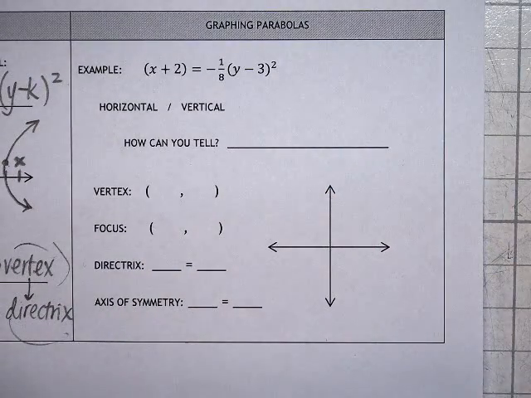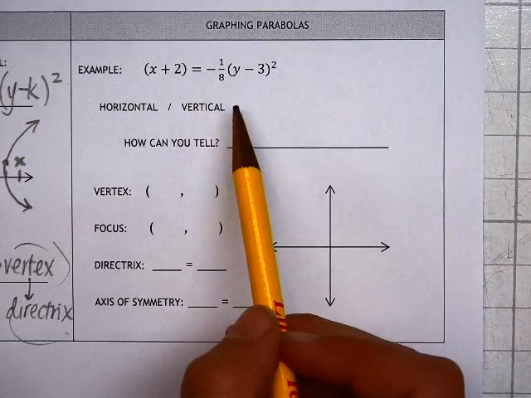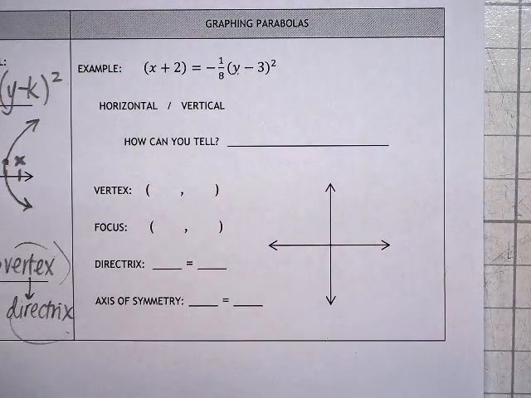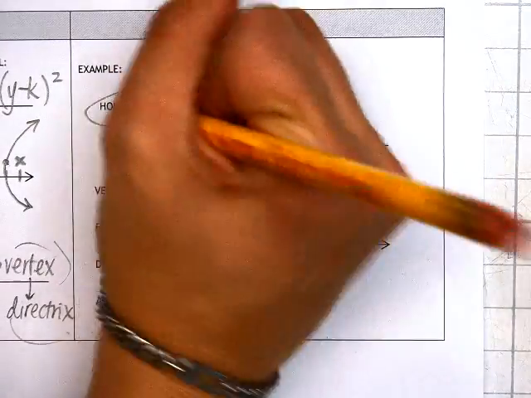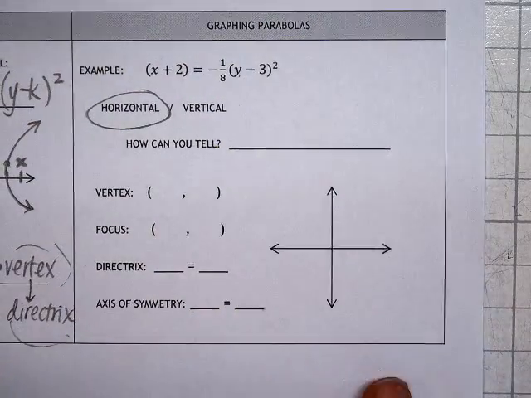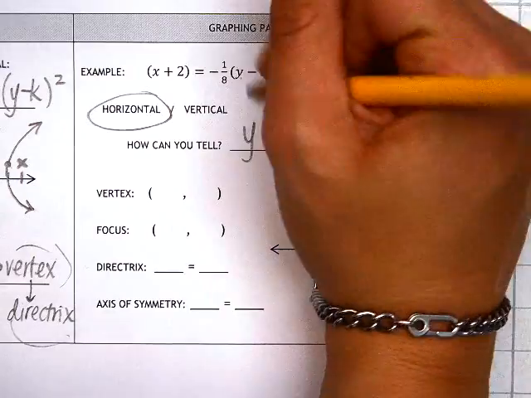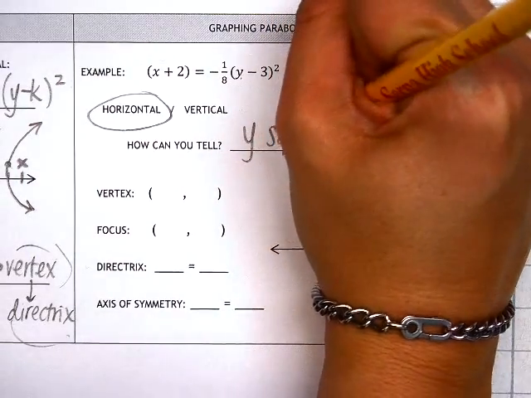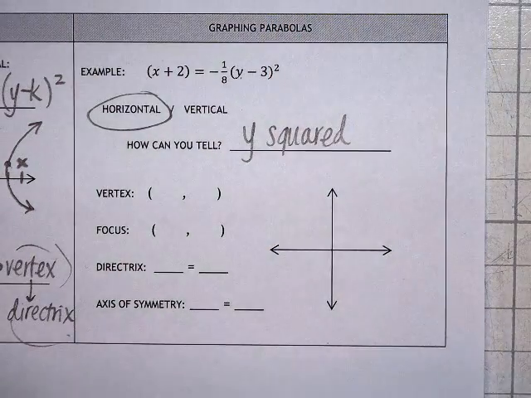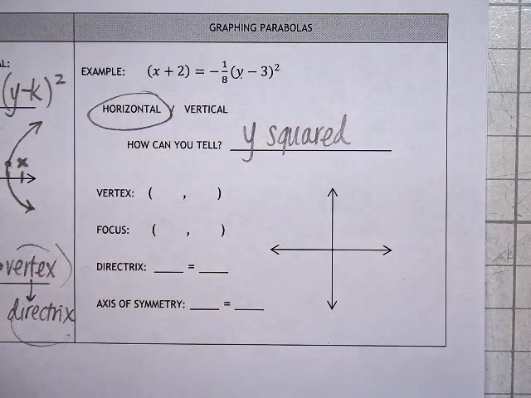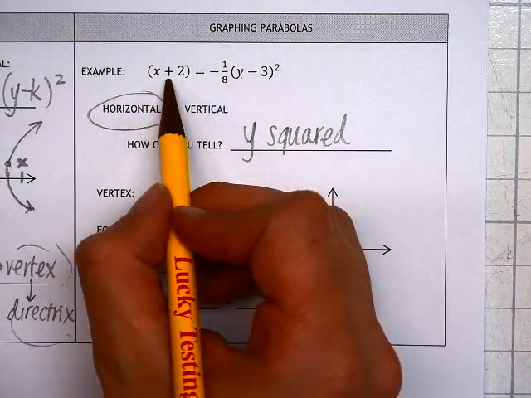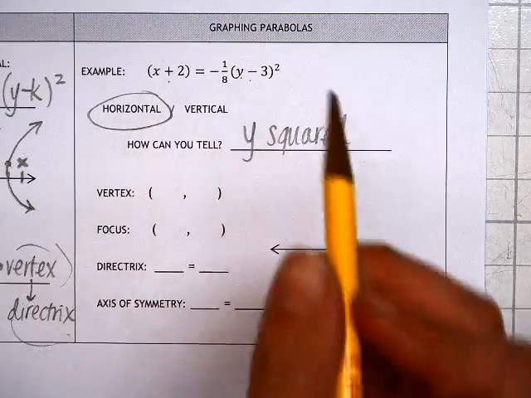An example of how this looks is provided on the right side here. And you'll notice in this example, we immediately jump out to the fact that y is in the parentheses squared, which implies that this is horizontal. When asked how we can tell, it's usually because of what's being squared. It's horizontal when y is the letter squared. Now, from this, we can also tell the vertex because the coordinates x, y are given to us.